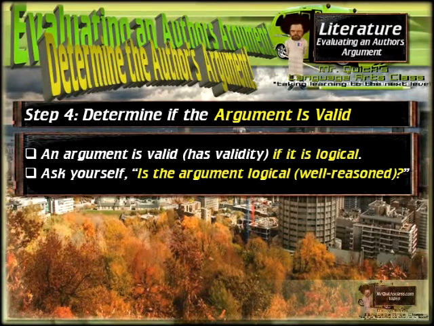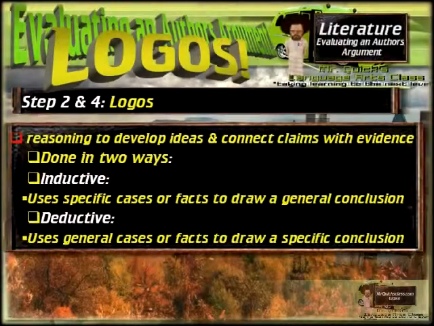Okay, is the argument logical or well-reasoned? Because if an argument is not logical, we have to assume that the argument is not valid. Okay, in order to explain that further, I want to talk about the next way in which an author can argue an argument, and that is the use of logos.